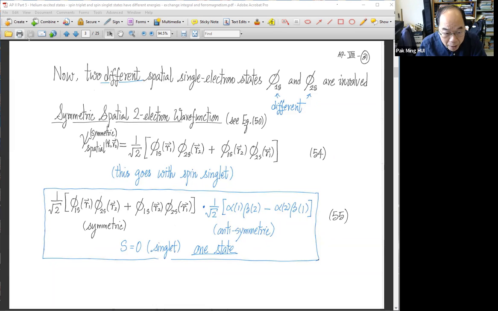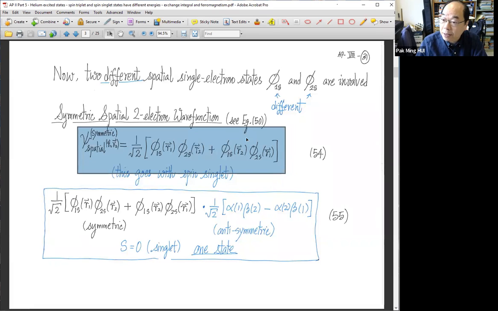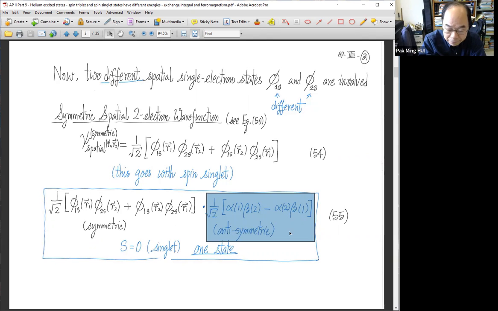The spatial part can be constructed as a symmetric wave function. So we have a symmetric spatial part that can go with a spin antisymmetric part, namely the S equals 0 combination. That is the singlet state.